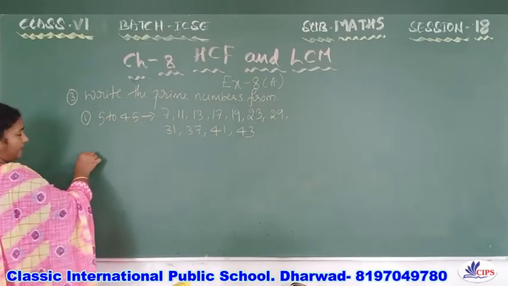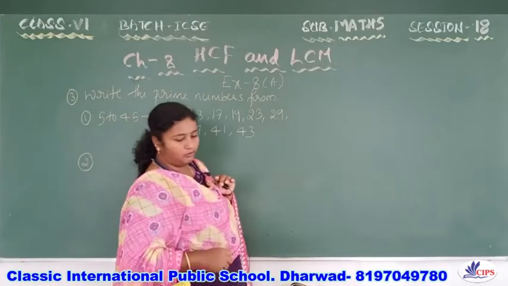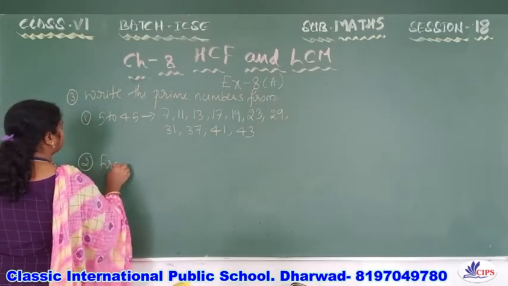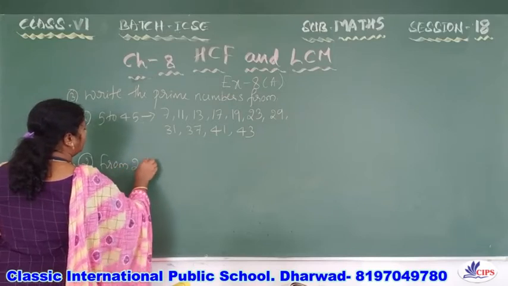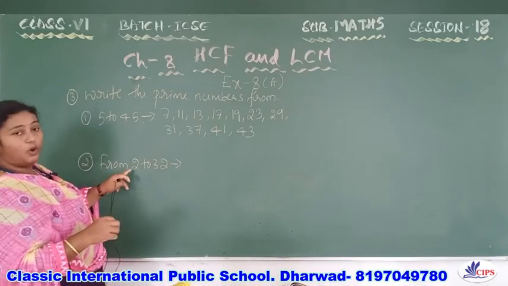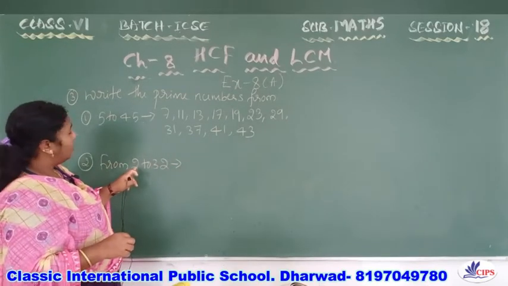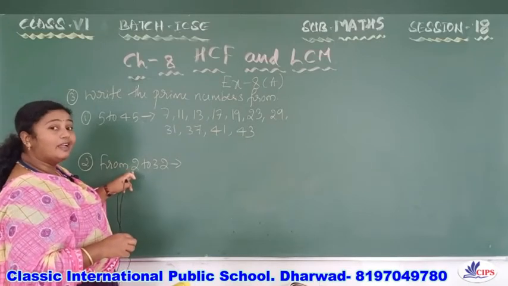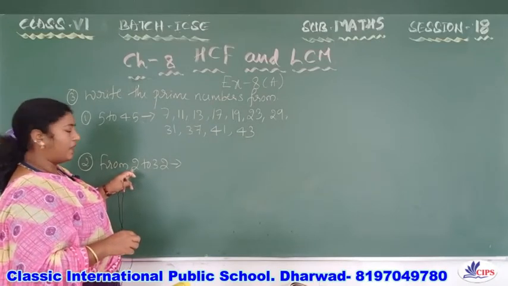Now the second one, from 2 to 32. I told you in the previous class, 2 is the only even prime number, and 2 is the least prime number among the prime numbers.